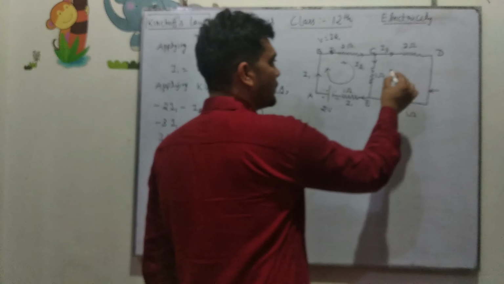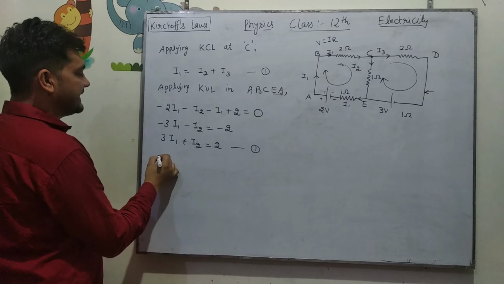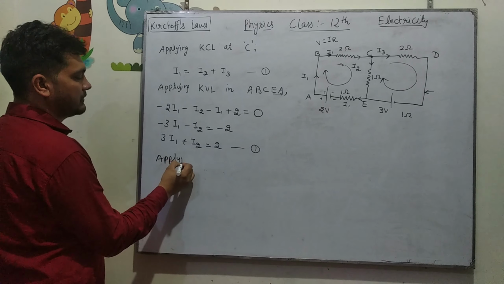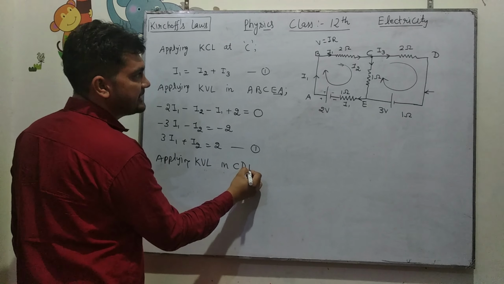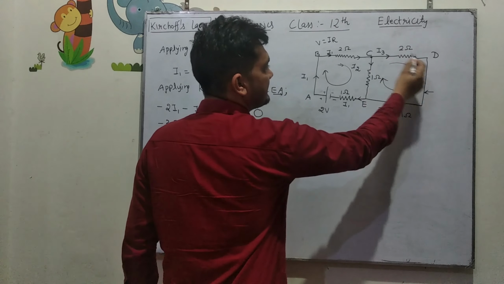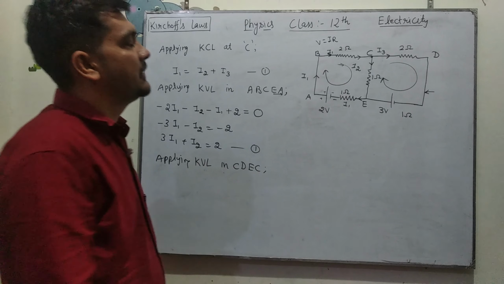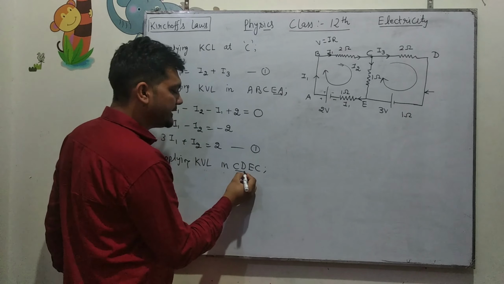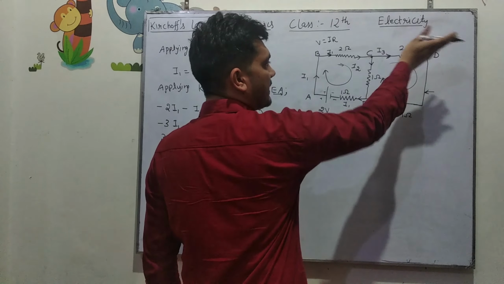Now applying Kirchhoff's voltage law in this loop, CDEC. In this loop, CDEC, moving in this direction, C to D. We are moving in the direction C to D and there is a resistance and we are moving in the direction of current.